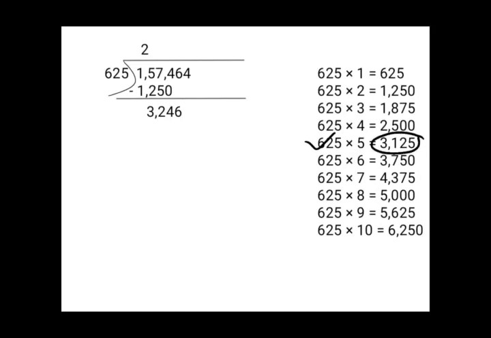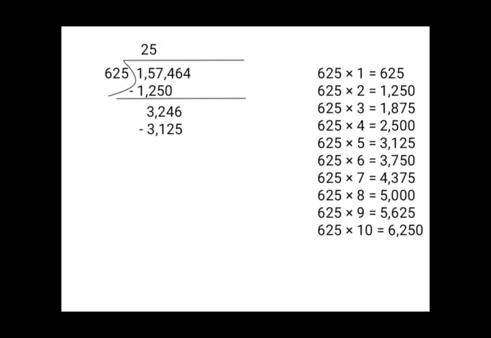If you take 625 6s, 3,750 is greater than 3,246. When you are dividing, if it is not going in that table, you have to take the last small one. So you have to take 625 5s are 3,125. Now subtract 3,246 minus 3,125.